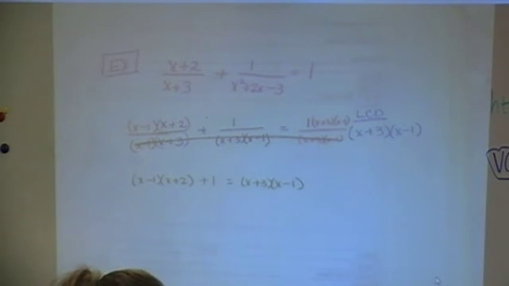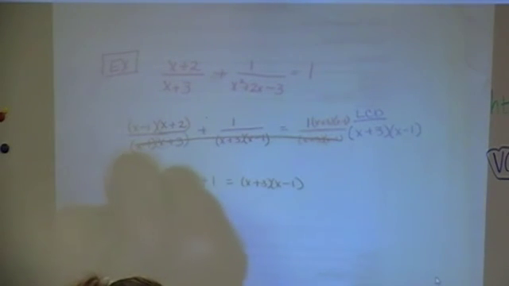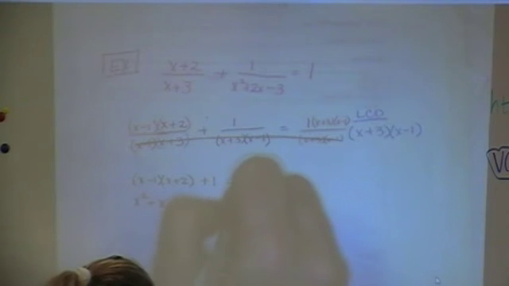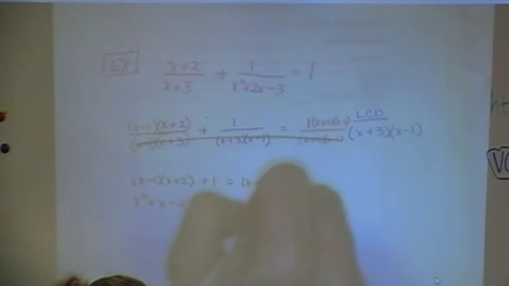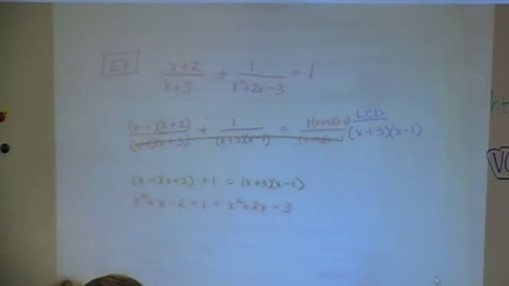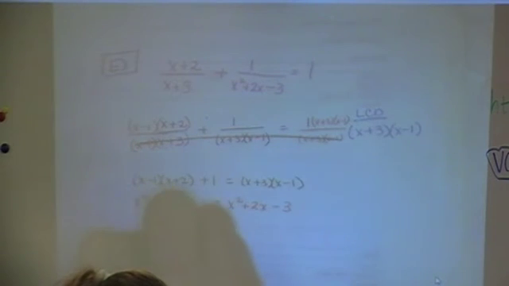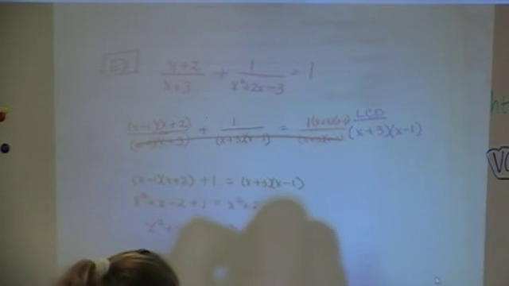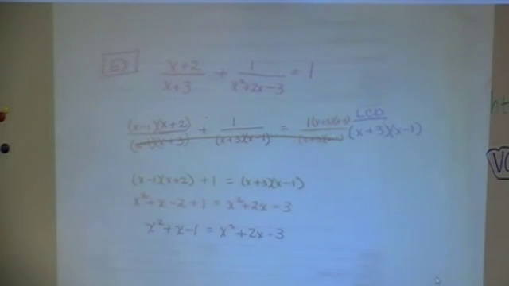So, FOIL. My left-hand side simplifies. Alright, I'm going to subtract x squared from both sides.